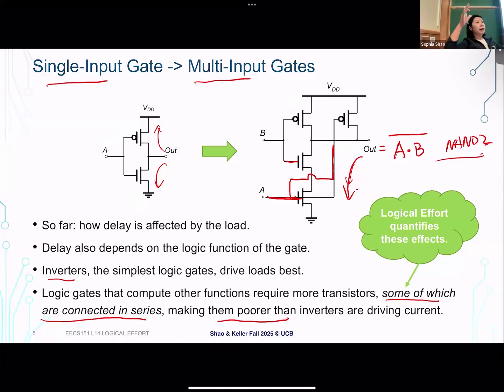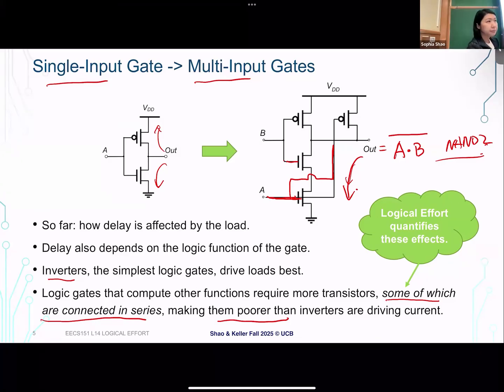But you see when we look at the topology, whenever we start introducing multi-input gates, those typically make the gate weaker compared to the same sized inverter, because now we have a couple transistors or even a handful of transistors connected in series, right? So this is purely the topology of the design, and we'll see how that leads to a more challenging design.